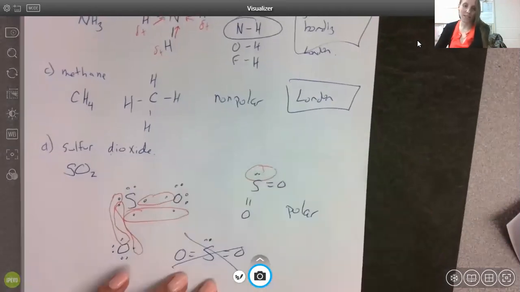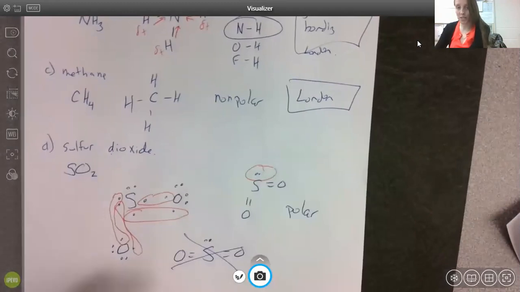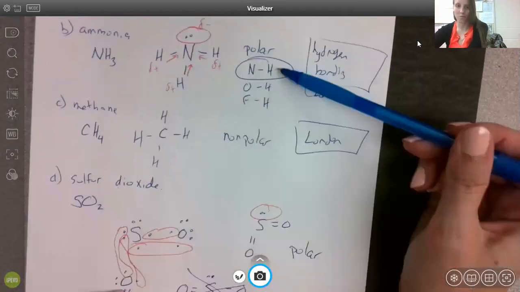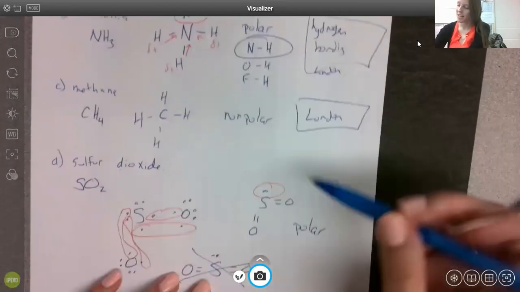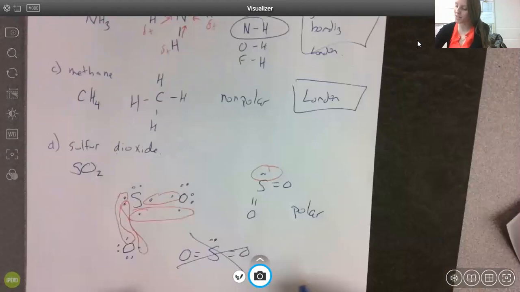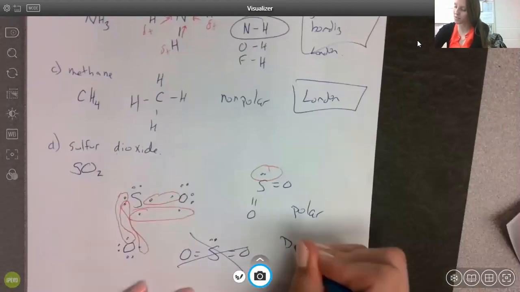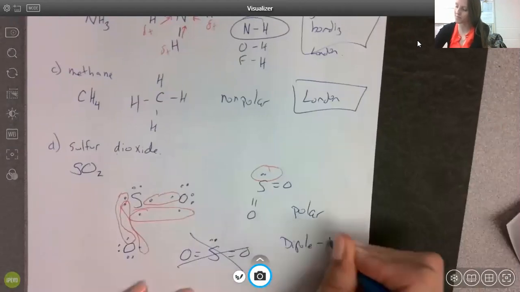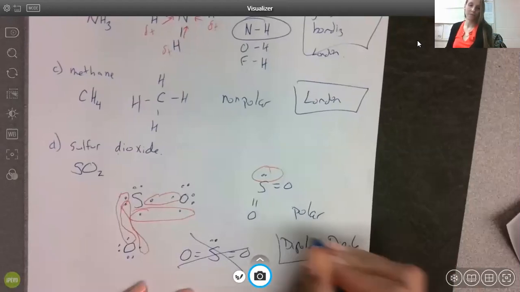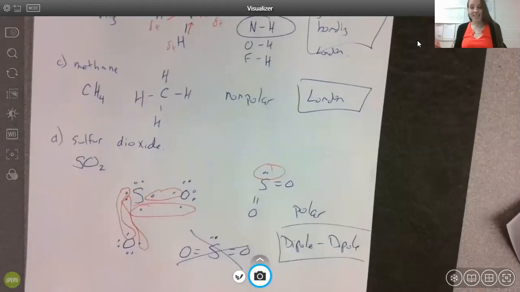Once it's polar, we're going to see if it's possible for hydrogen bonding to be present, but because we don't have a hydrogen bonded to an N, O, or F, it's not going to be hydrogen bonding, it's just going to be the normal dipole-dipole. Okay, and that's it. That is how you determine what the main type of intermolecular force is present.